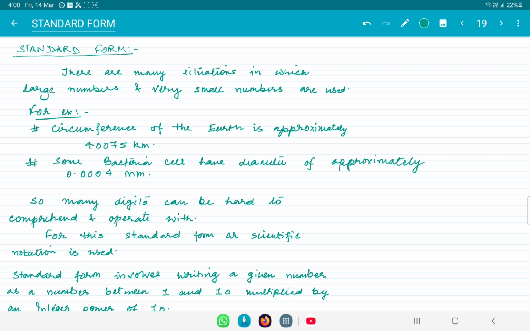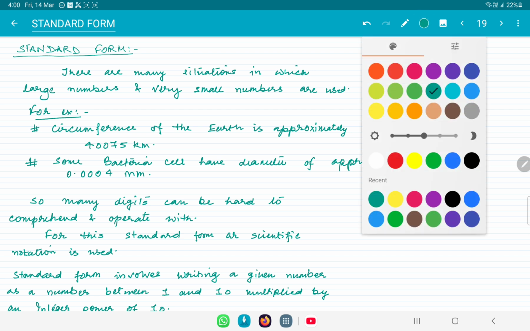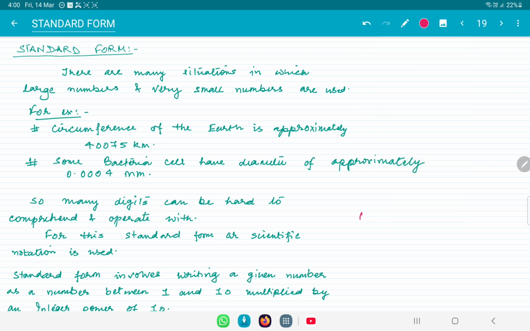Suppose 20 zeros are there, how can we write that? Or suppose 20 zeros after the decimal before the numeric, like this: 0 0 0 0 0 0 0 0. How can we write it?